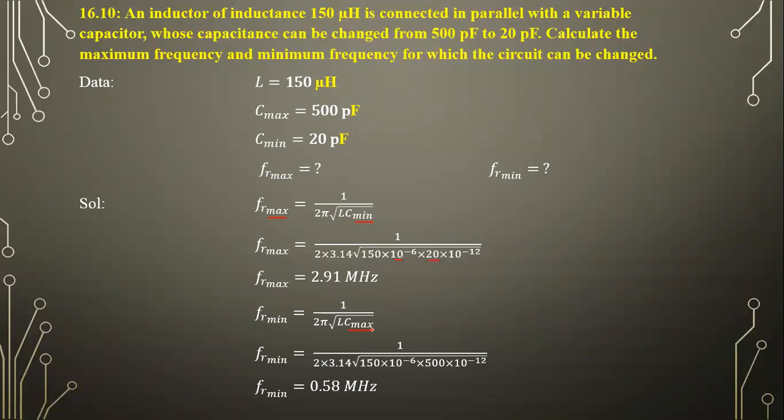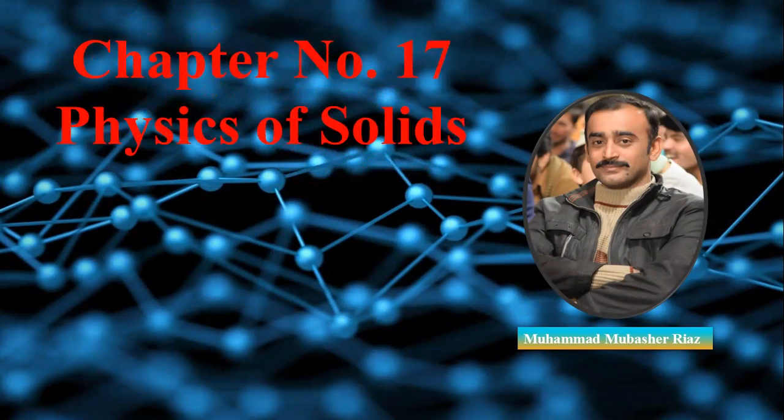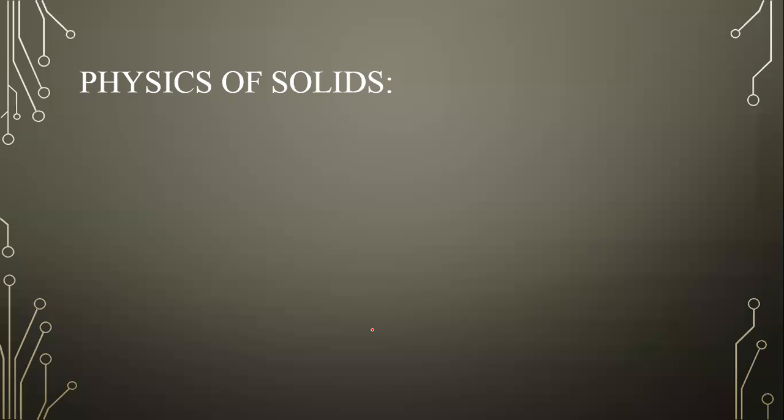So this is the last numerical of chapter number 16. Now it's the turn of chapter number 17, which is physics of solids. In this unit, we'll discuss the properties of solids, and those properties are mechanical, electrical, and magnetic properties of solids.